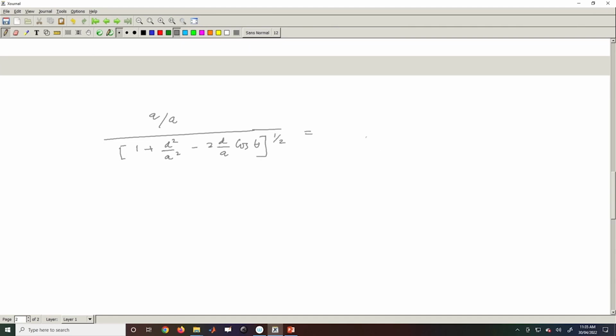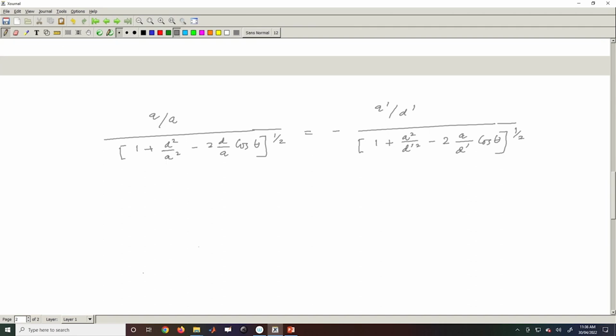And on the right hand side I should have minus Q prime divided by, I take D prime common, so 1 plus A square by D prime square minus 2 A by D prime cos theta, whole to the power half. Okay, this is the condition we are getting.